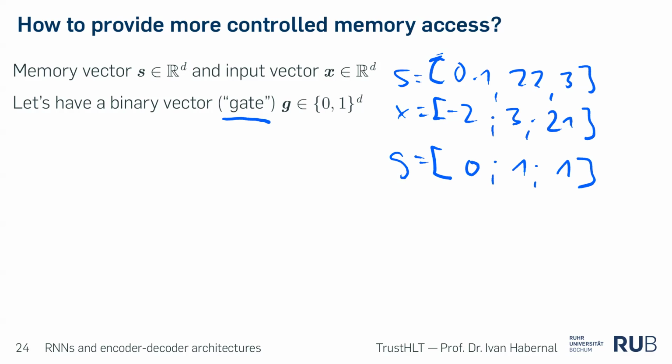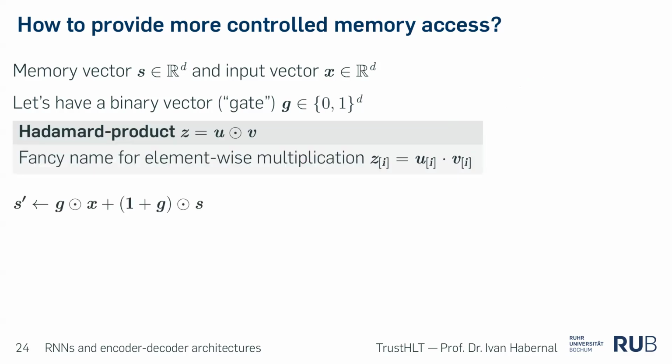What we're going to do with this? That makes sense. I mean, this is just two vectors and a binary vector. Why is it important? There is a thing called the Hadamard product, which is this very fancy circle symbol, but it's just an element-wise multiplication.